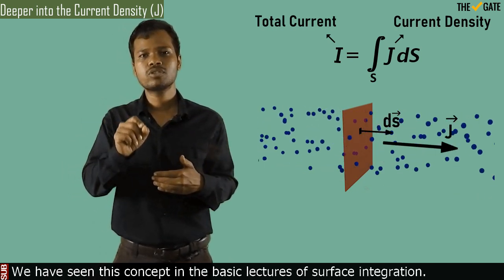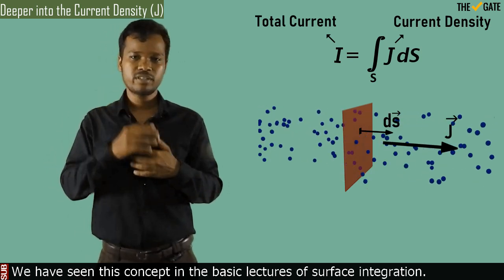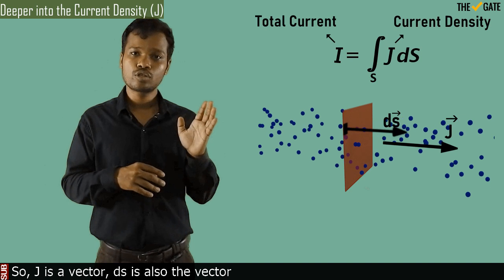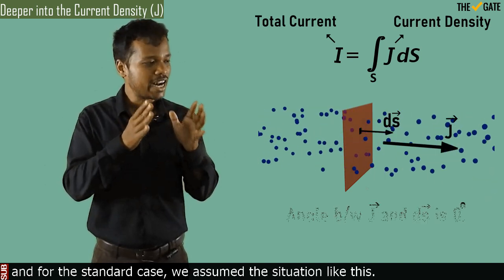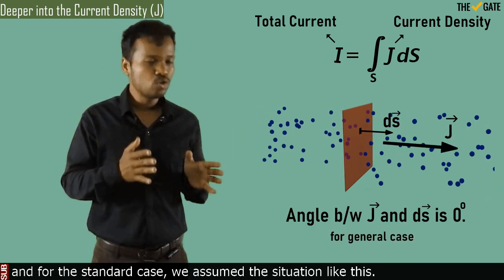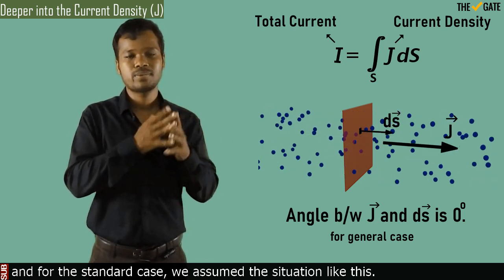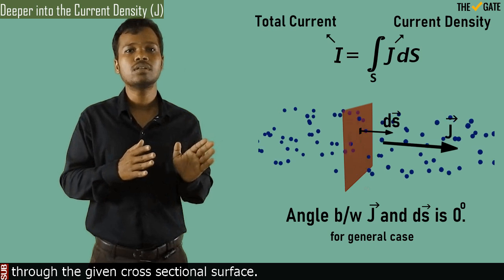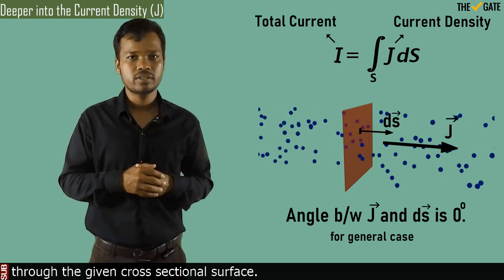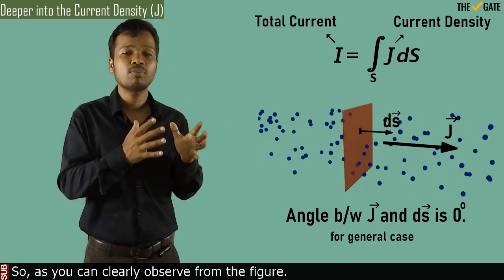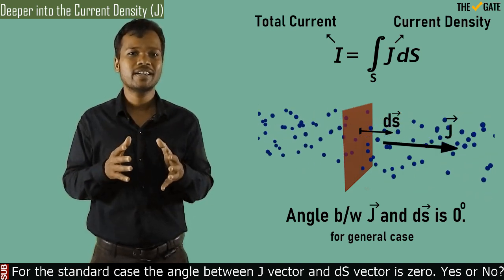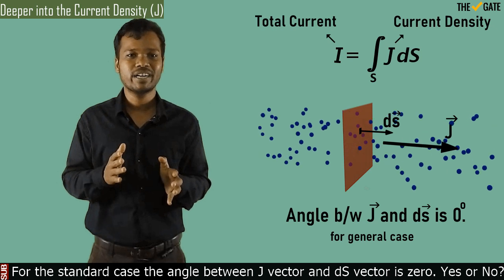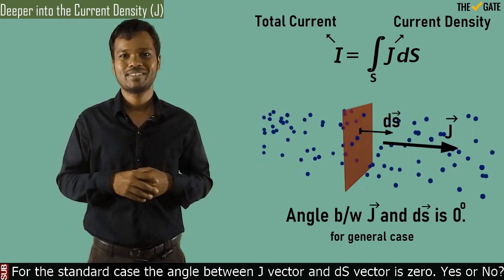We have seen this concept in the basic lectures of surface integration. So J is a vector, ds is also a vector, and for the standard case, we assume the situation like this. That means charge is passing normally through the given cross-sectional surface. So as you can clearly observe from the figure, for the standard case, the angle between J vector and ds vector is 0. Yes or no?